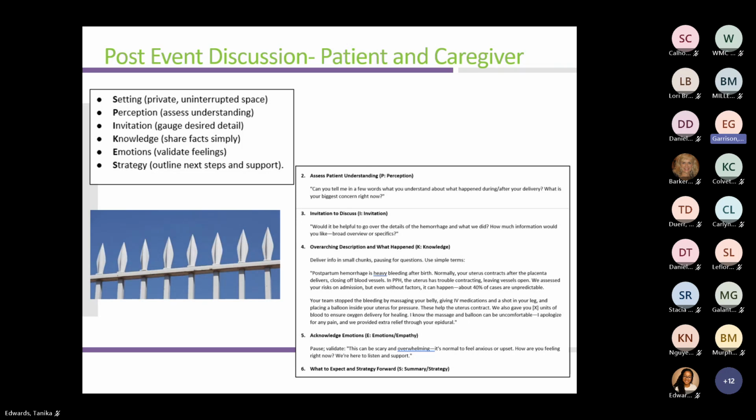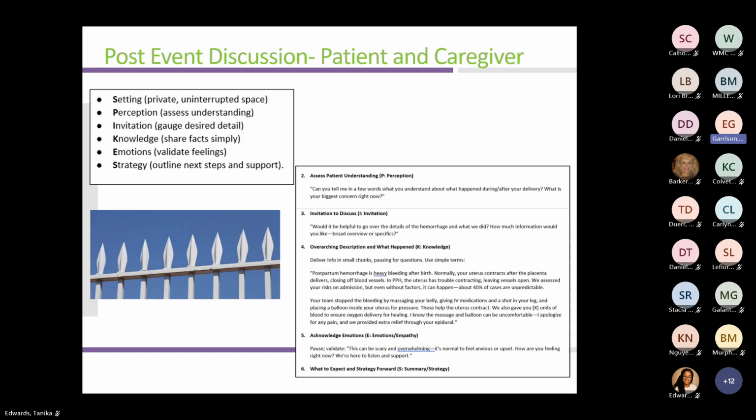So SPIKES is a mnemonic. I did not come up with this mnemonic. I think our great Bonnie Miller may have included this in your toolkit, but I think it's a wonderful mnemonic that you can use to help guide you when you have this discussion.